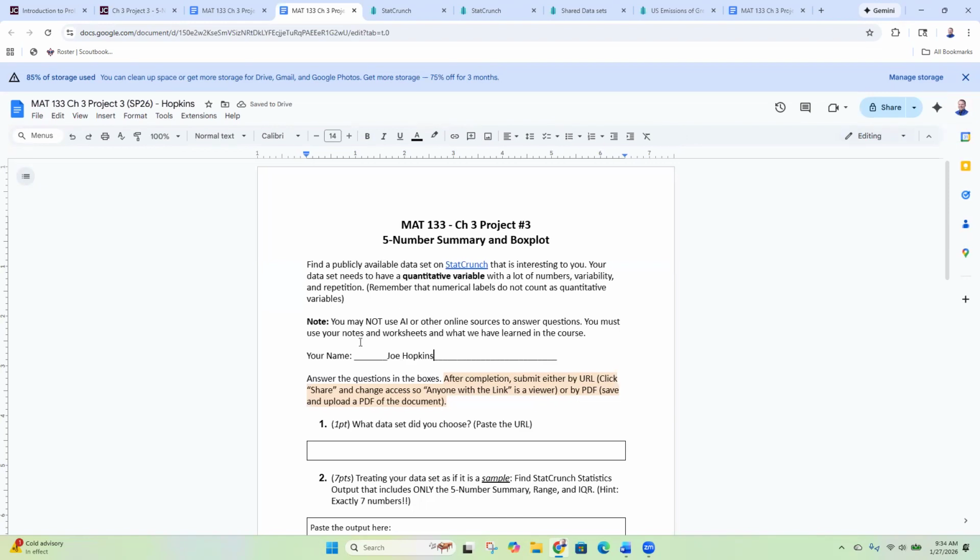All right, so today, similar to the other projects that we've done so far with StatCrunch, we're going to find a publicly available data set on StatCrunch that is interesting to you. Your data set needs to have a quantitative variable, okay, with lots of numbers, variability, and repetition. So remind me again what quantitative is.